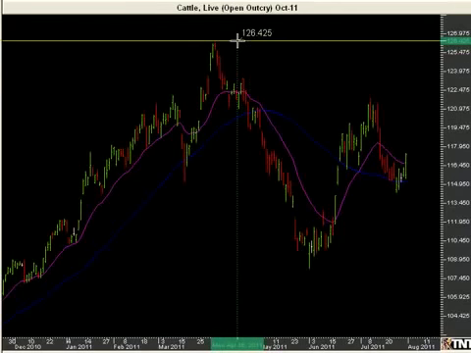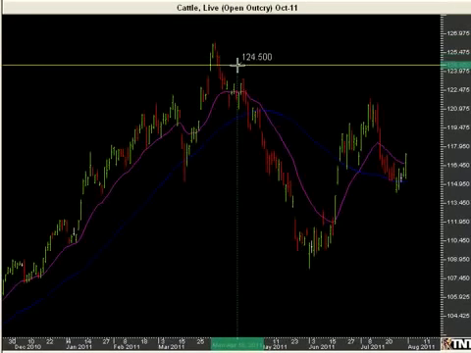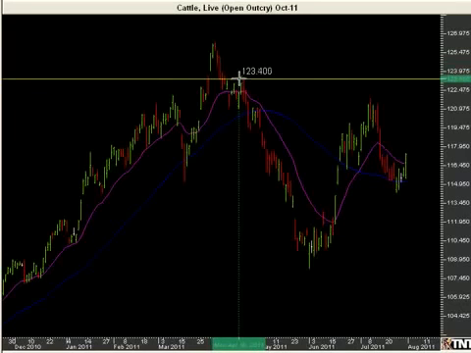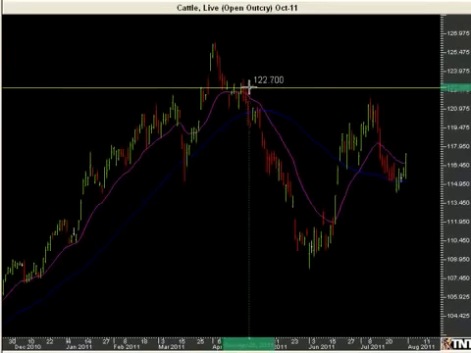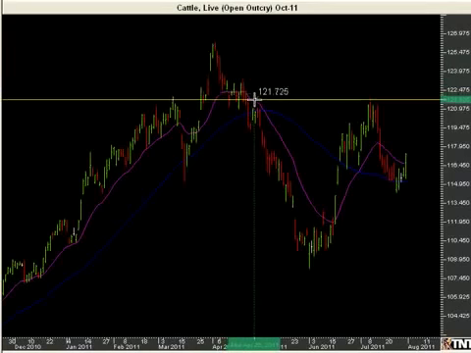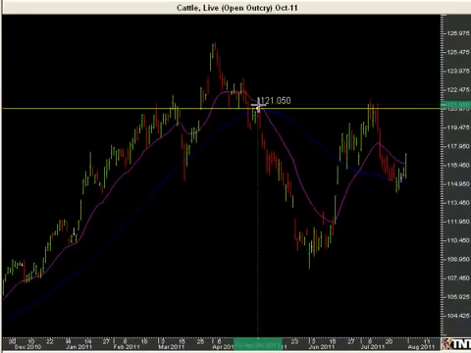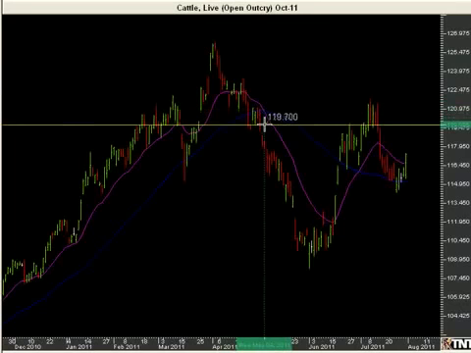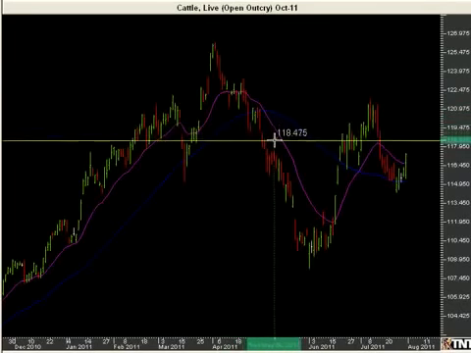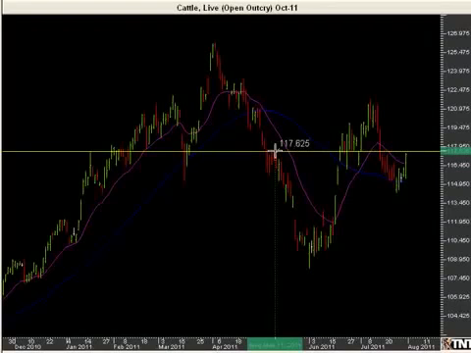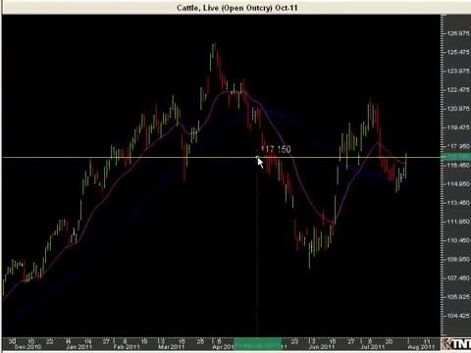For instance, you will have a line here, and then we also have several hits here, so you'll have a line here. We have more hits through here, so we'll have a line here. We've got hits here, and so on. And you can see that your chart can very quickly become cluttered with lines from all these support and resistance zones.